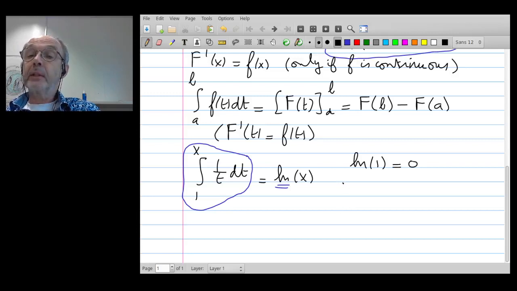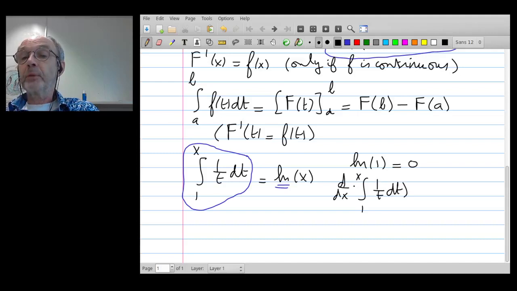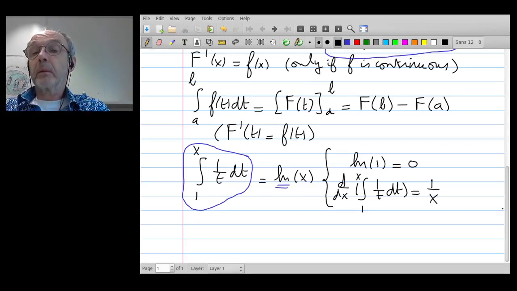And you see here also, if you take the derivative of this integral, you have to fill in that x value in the function you were integrating, and that gives you 1 over x. Here you see the natural logarithm of x, but in a certain sense the ln is nothing else than a name for some integral.